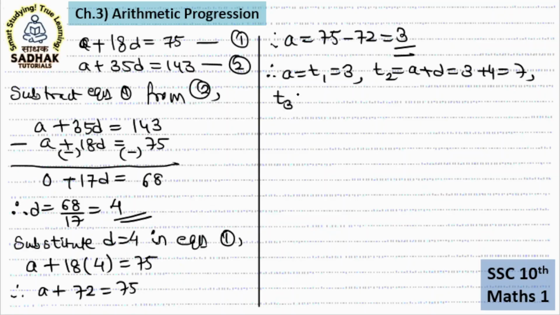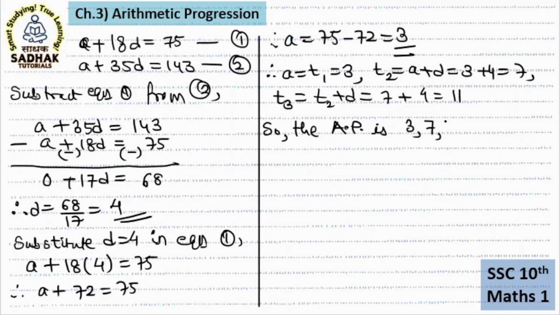And T3 will be T2 plus D, so that is 7 plus 4, that will be 11. And so on. So the AP is 3, 7, 11, and so on.